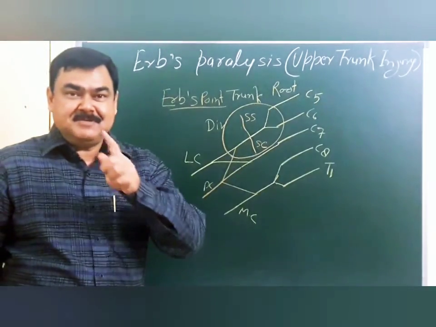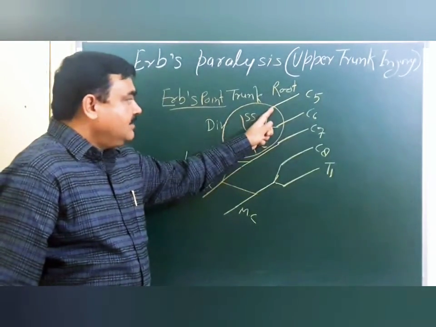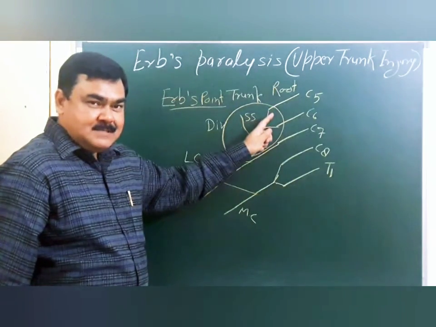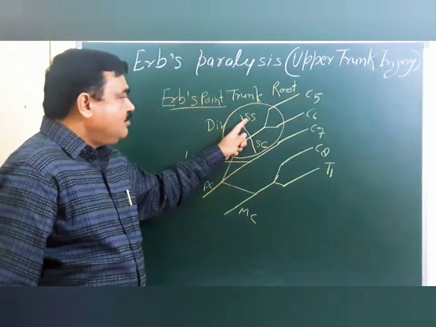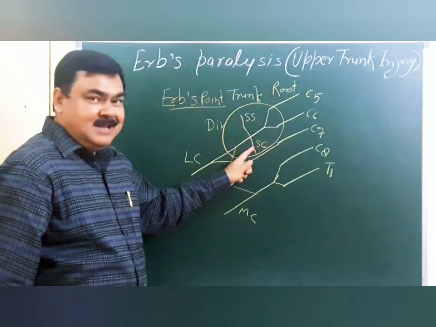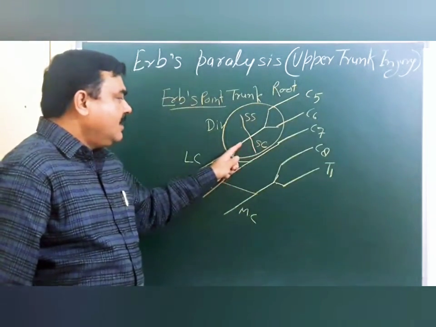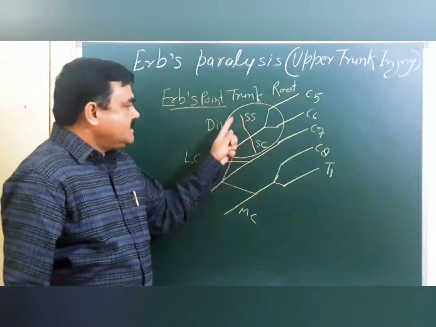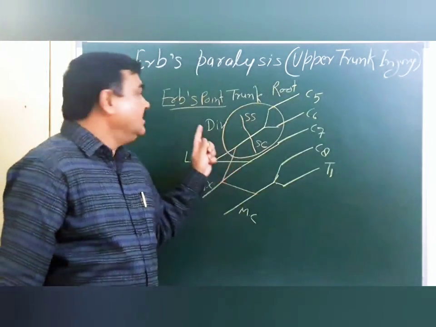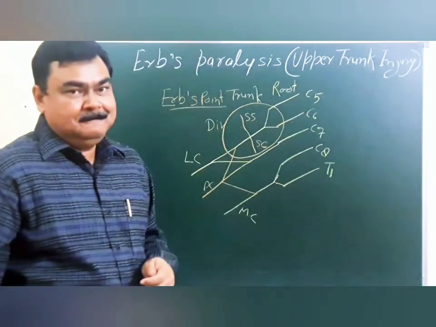Here 6 nerves meet: root of C5, root of C6, suprascapular, nerve to subclavius, and dorsal division and ventral division of upper trunk. So these 6 nerves meet here. This is known as Erb's point.